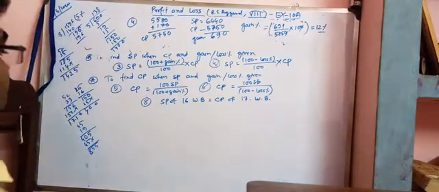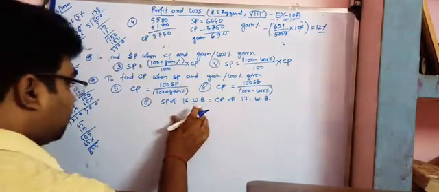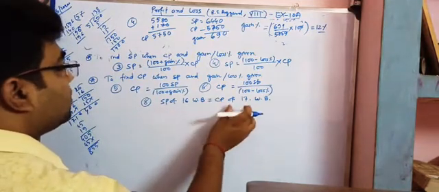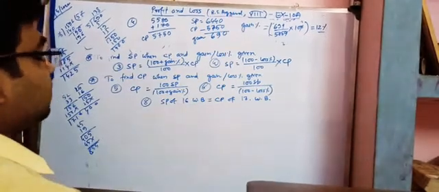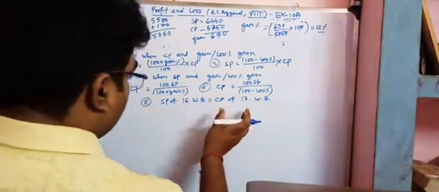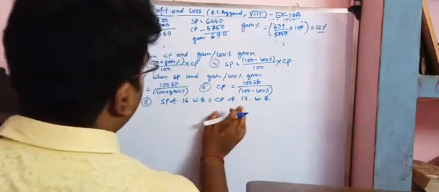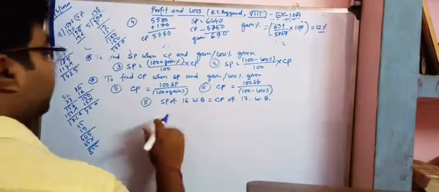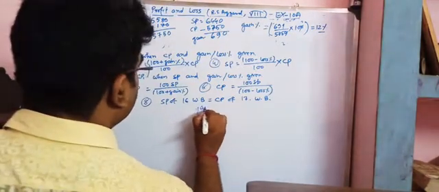So now here, by selling 16 water bottles, we get the cost price of 17 water bottles. That means obviously gain occurs here.